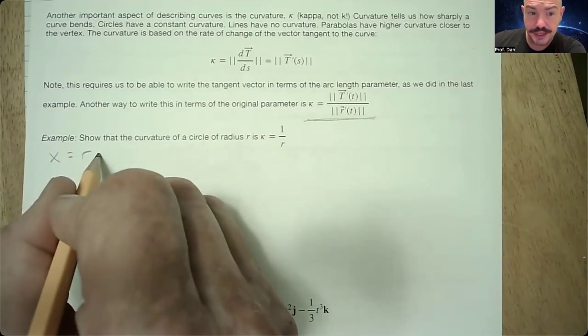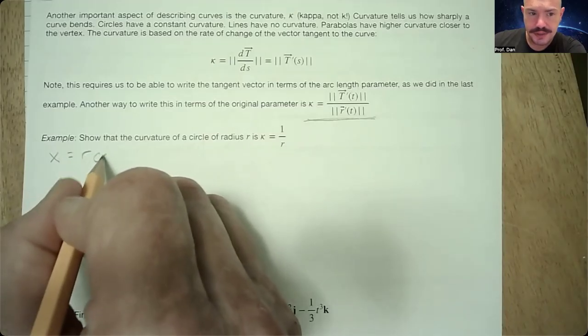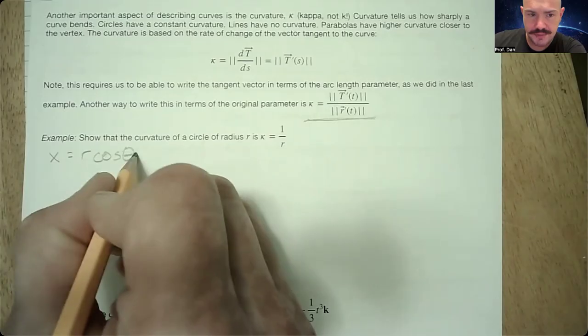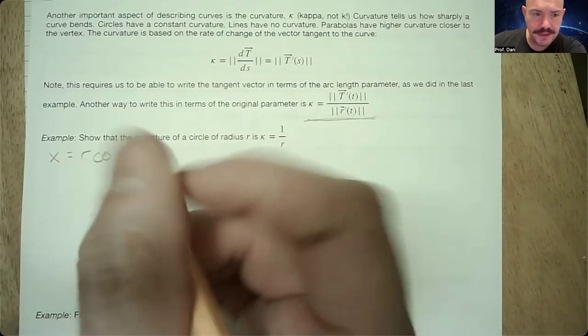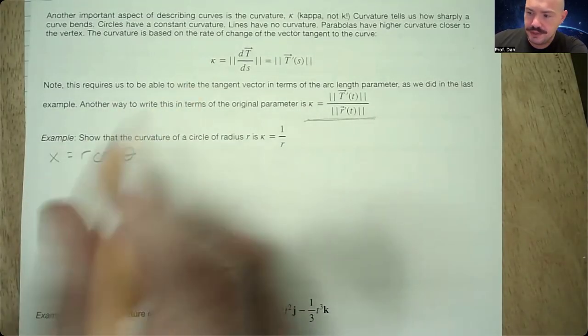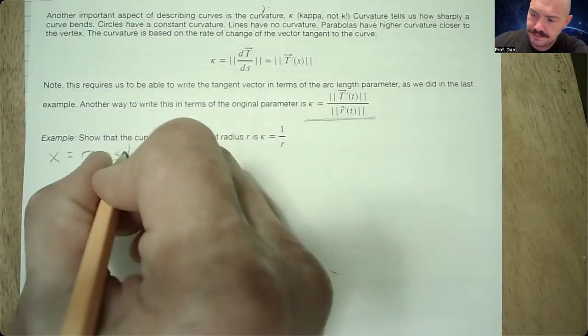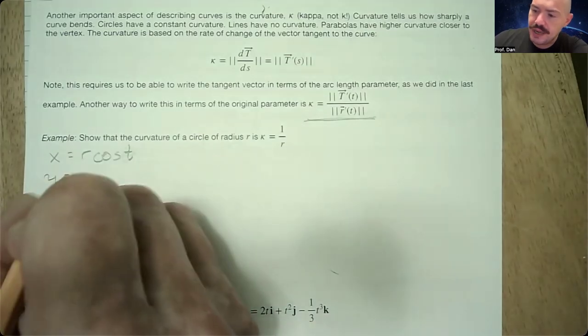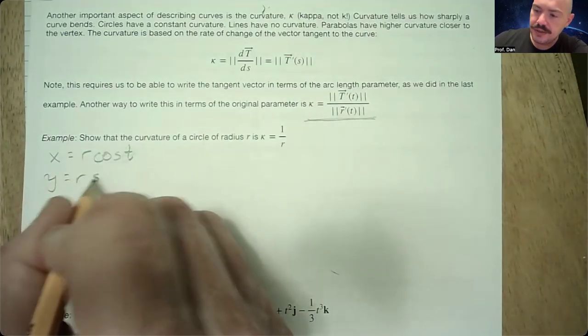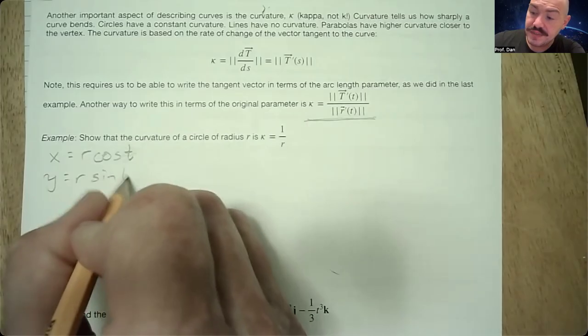Technically, x is equal to r cosine theta, radius times cosine of angle, which you also could just write as t instead of theta. And then for the y, you had r sine theta, r sine t.